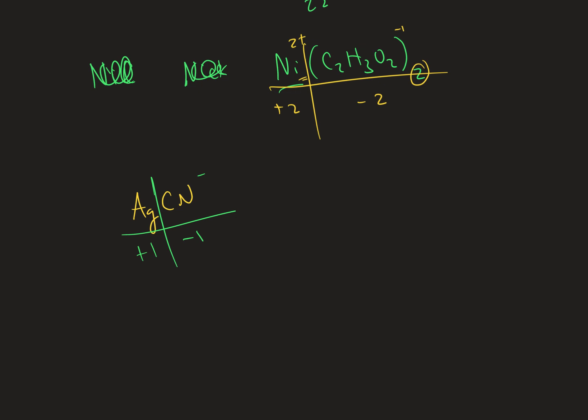So if it was called silver cyanide, that's the proper name, because there's only one charge for silver. Did I talk about the other charges? The other transition metals only have one charge? Silver, what are the other two? Zinc and cadmium. Okay, we did talk about that. Good.